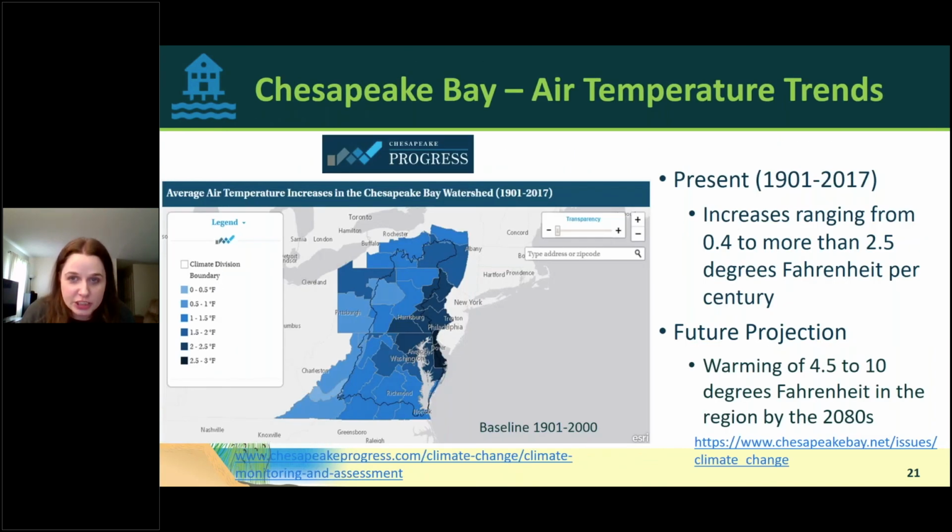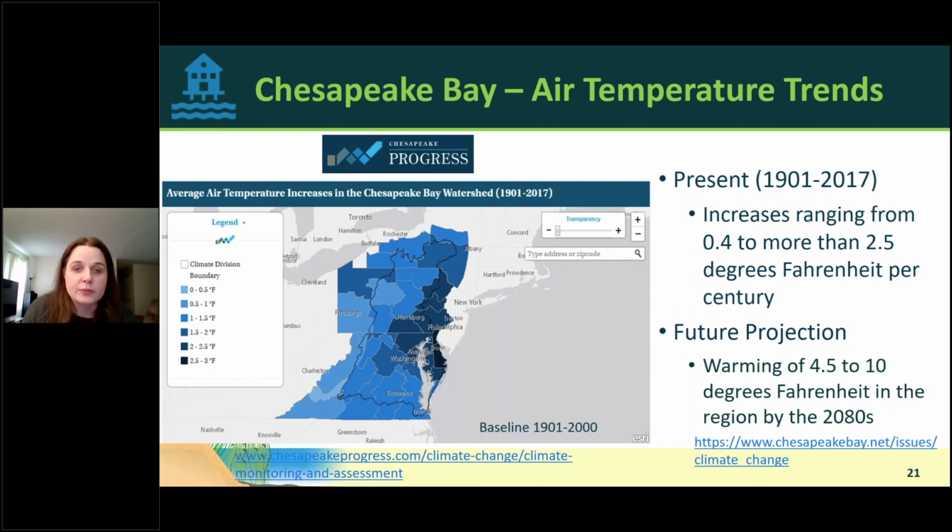So here's some air temperature trends. Overall, Chesapeake Bay is increasing in how warm the average air temperature is. And this is ranging from 0.4 to more than 2.5 degrees Fahrenheit. Future projections, we're looking at 4.5 to 10 degrees Fahrenheit by the 2080s. And so those darker areas show areas that are exhibiting higher increases in average air temperature.